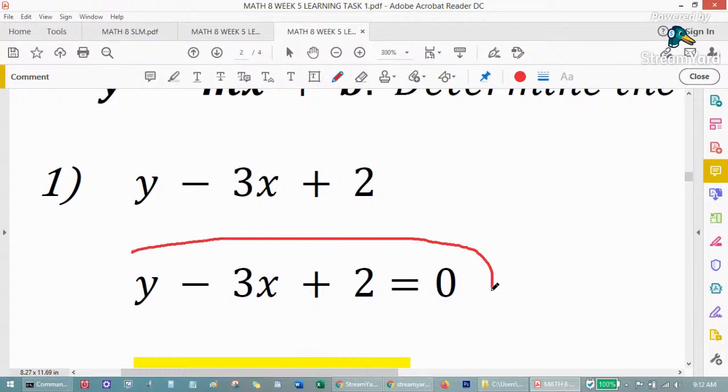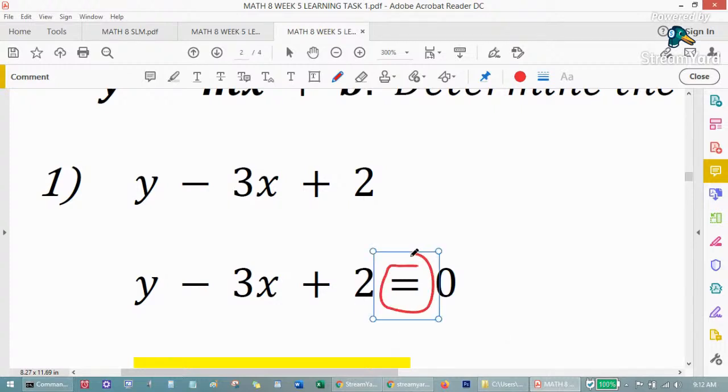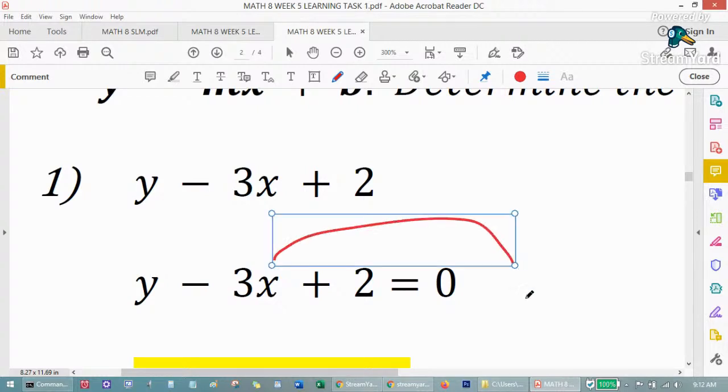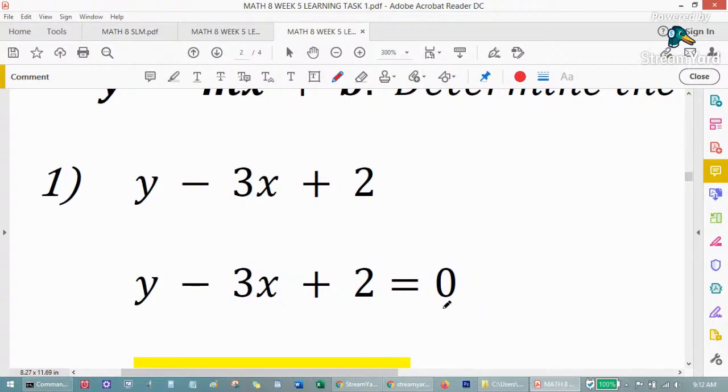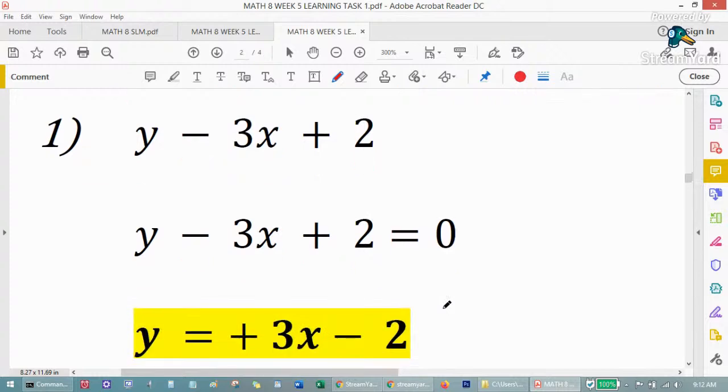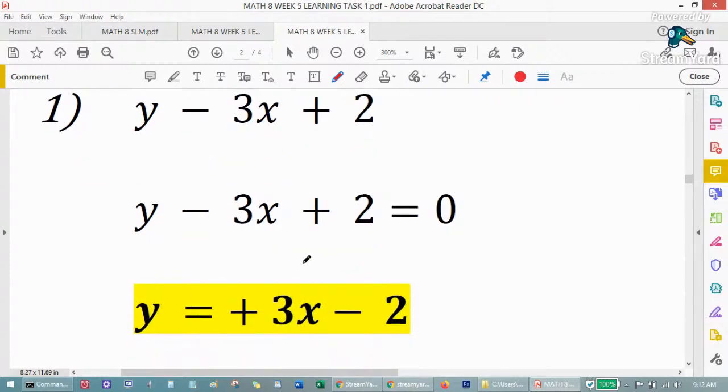So, ang pinakaunang ginawa natin is naglagay tayo ng equals 0. Kasi kailangan natin ng equal sign dito. Equation. Kailangan, okay? So, para meron tayo may lipat sa right side. So, nangyari, lahat sila ng mga terms ay nasa left side.